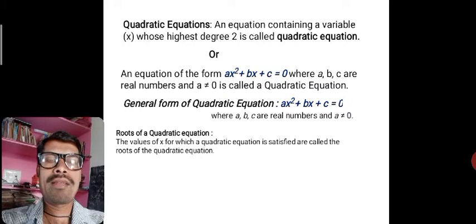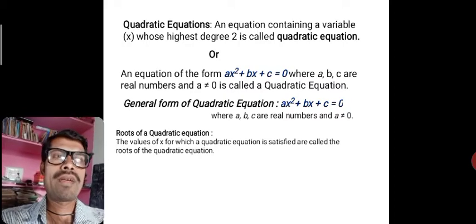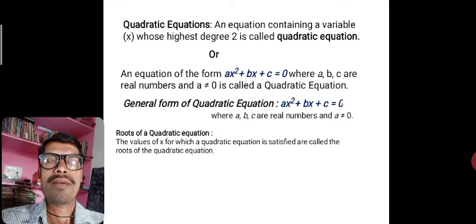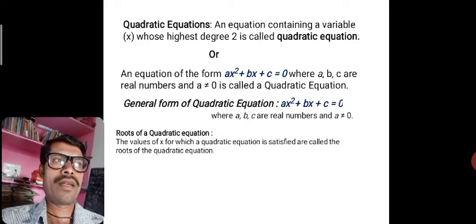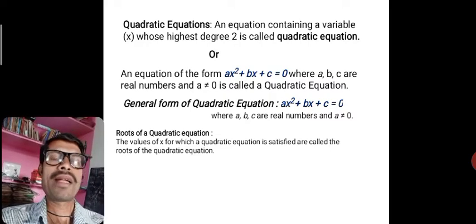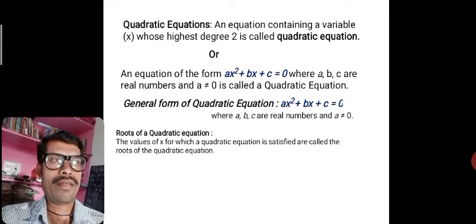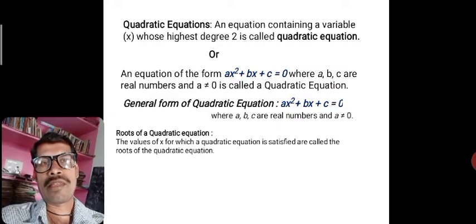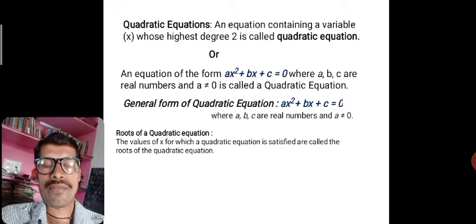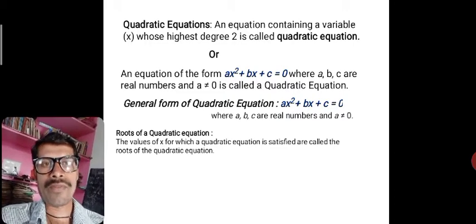One is the factorization method, another is the completing the square method, the formula method, and the graphical method is also there to find the roots of the quadratic equation.